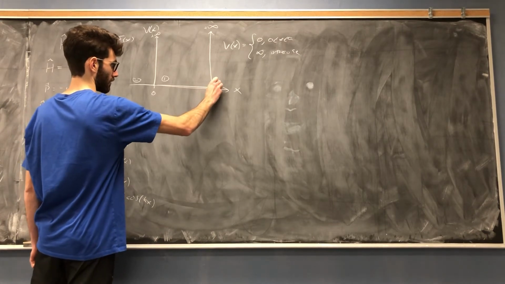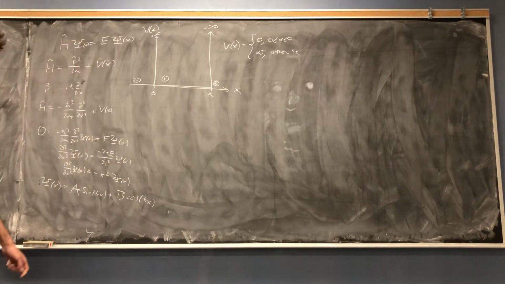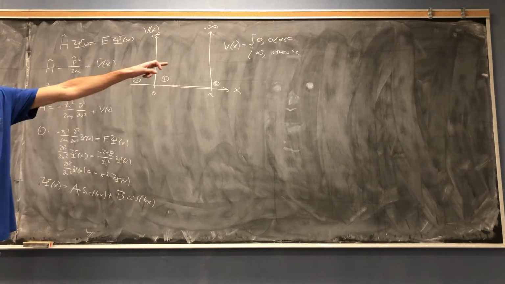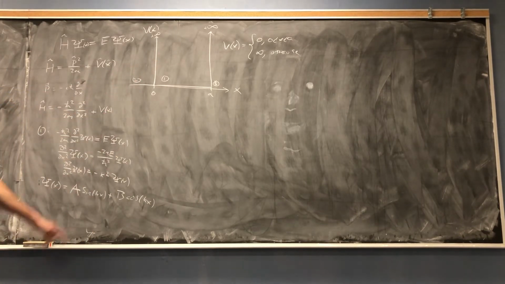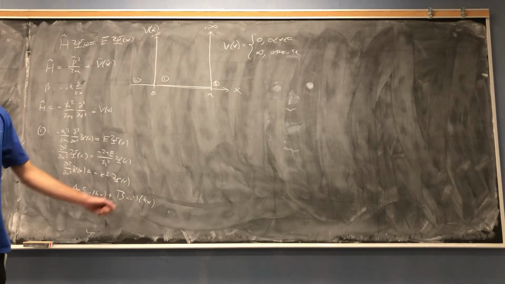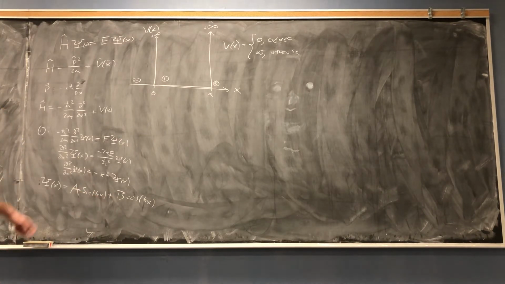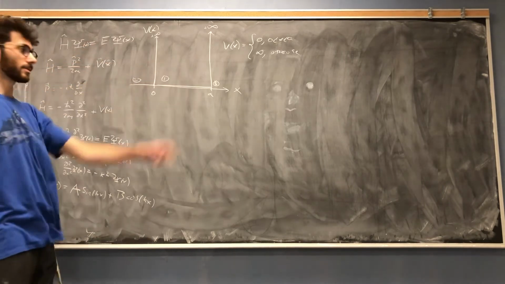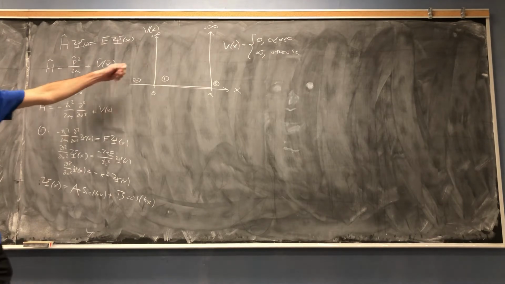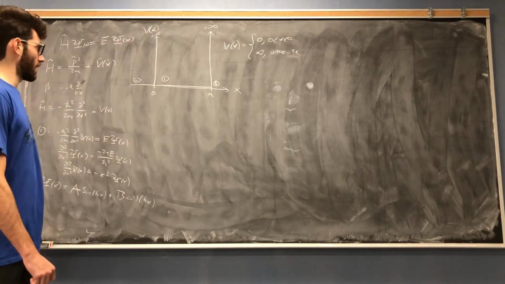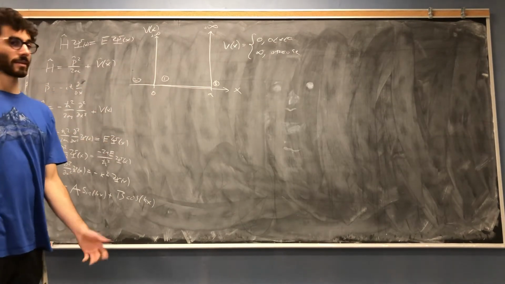And just to make a long story short, these outer regions are basically going to amount to our boundary conditions that allow us to determine the coefficients a and b in this wave function. So we really don't have to do much work here in terms of solving for the wave function in these regions, because we're by construction saying that the potential in these regions is infinite, and so the particle has no chance of being there.